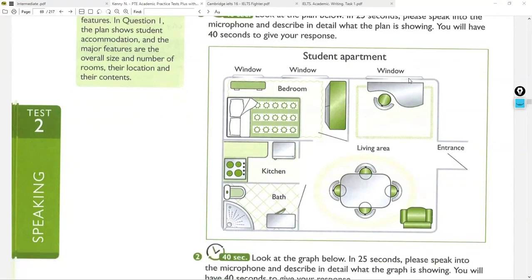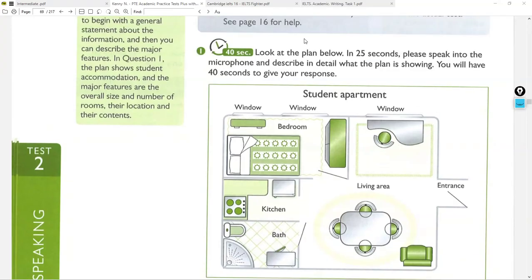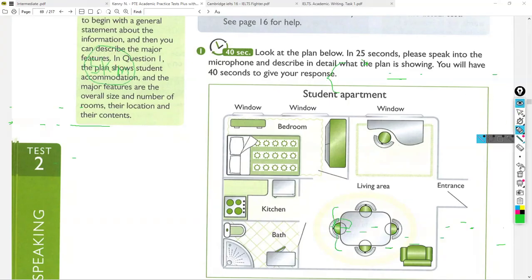Okay, wait, Ali. Don't forget that we have 25 seconds to take a look at the picture.